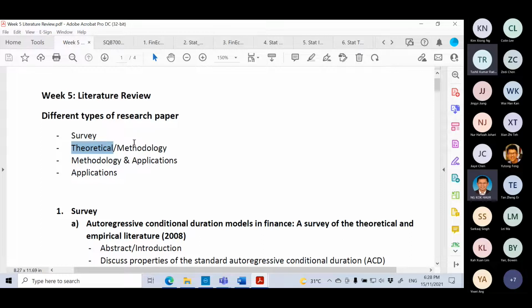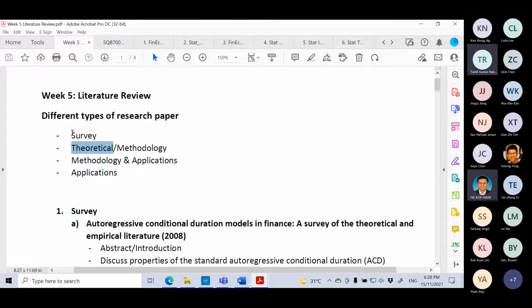So you can see that some journal papers may be of this nature, or they have theory, methodology and application as well. It's also possible. As I mentioned, we do not have a very clear cut between the different types of journal paper.